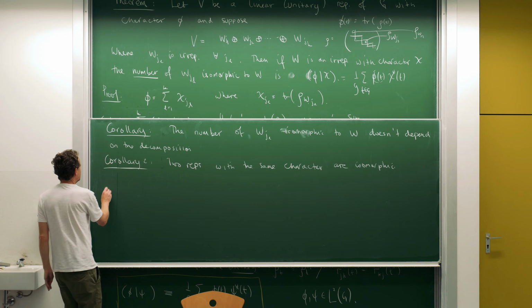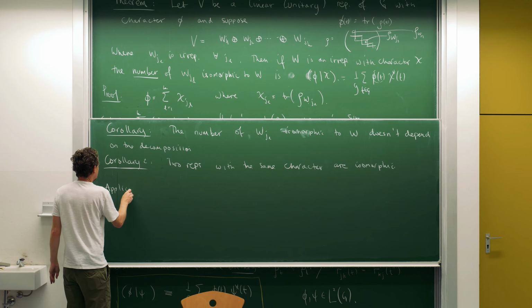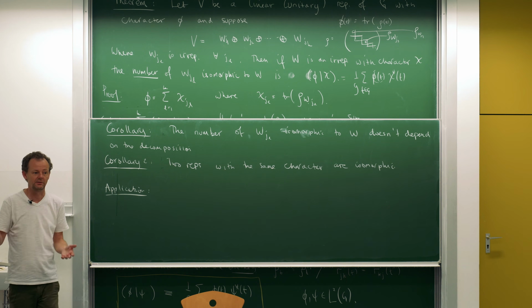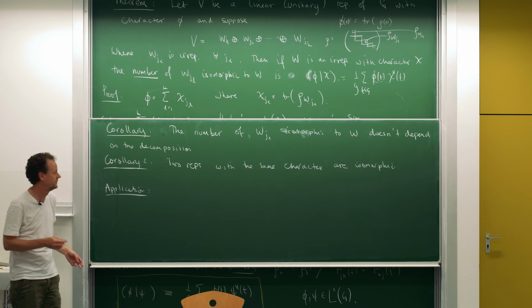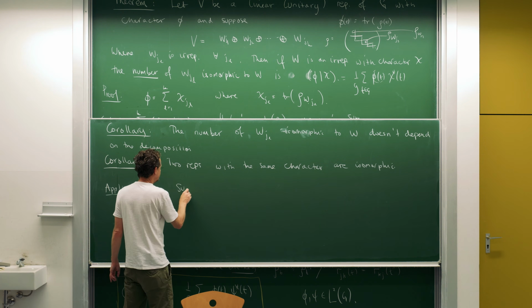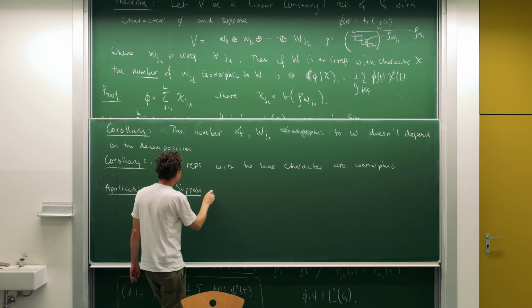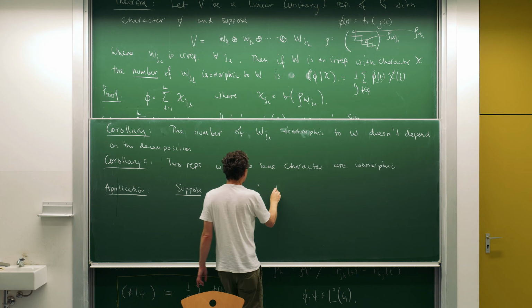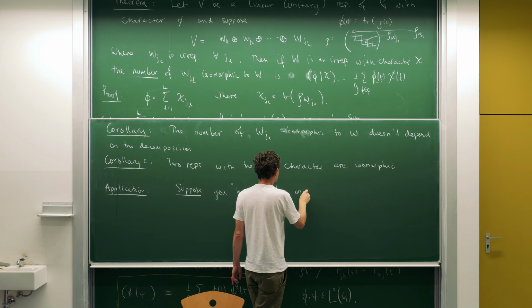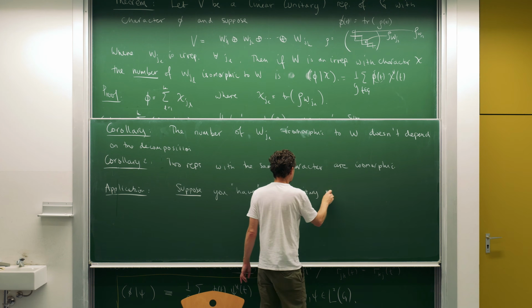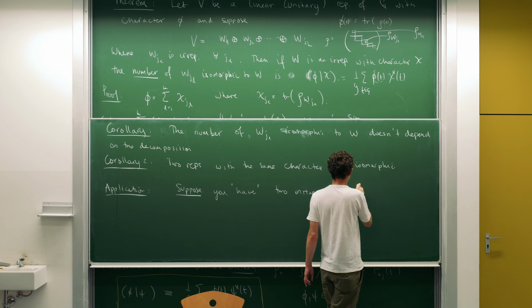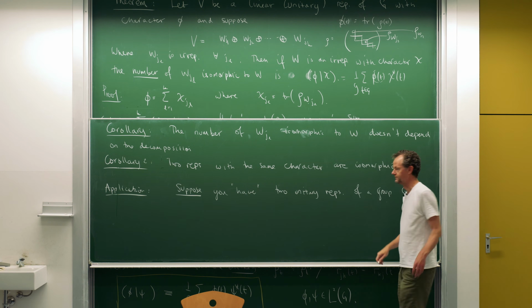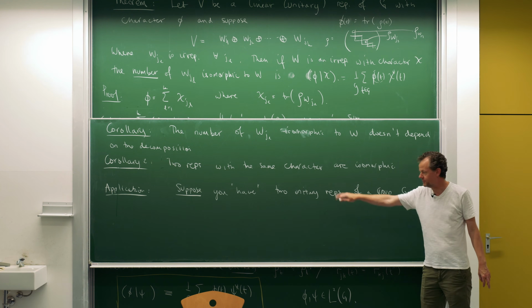So now here we go, application, right? Let's compare the state of our knowledge at the beginning of this lecture and where we are now. Suppose, and this is not unrealistic, I'll explain what "have" means in a second.